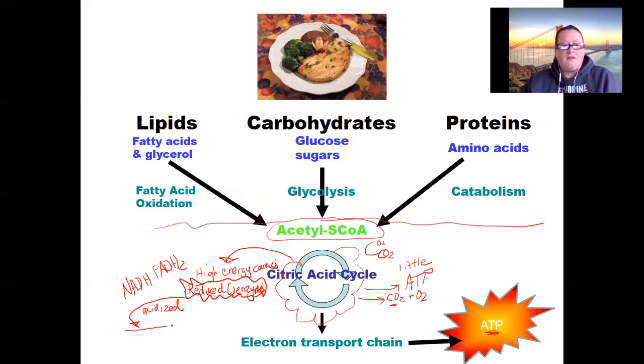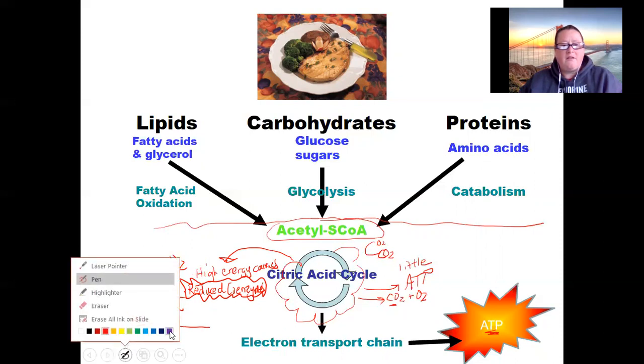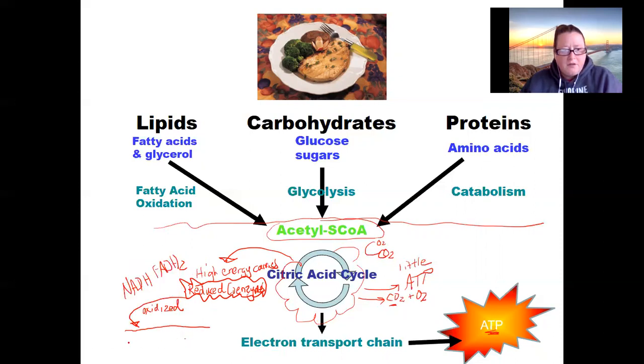So this occurs on the inner membrane. It occurs on the inner membrane of the mitochondria. And there are some embedded proteins in there. This is just not designed to be accurate, just a visual representation of what's happening.